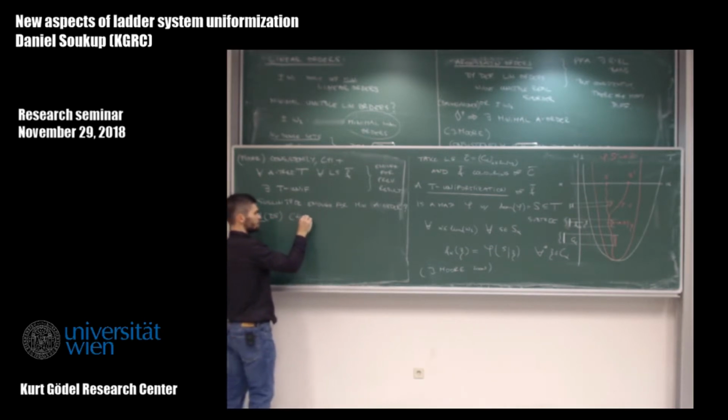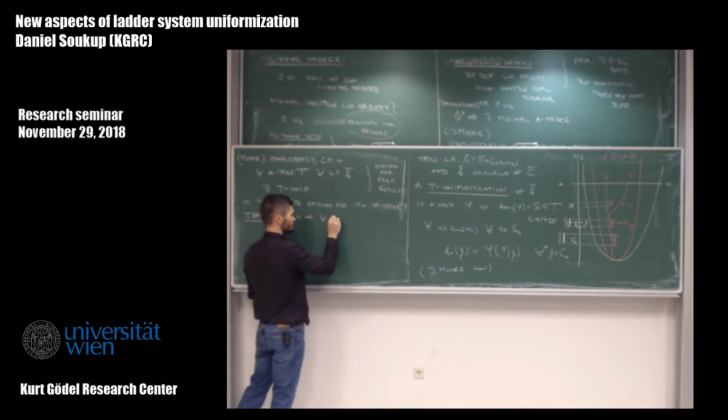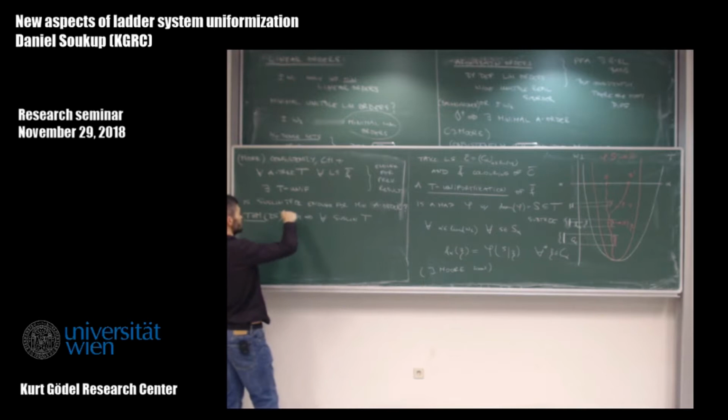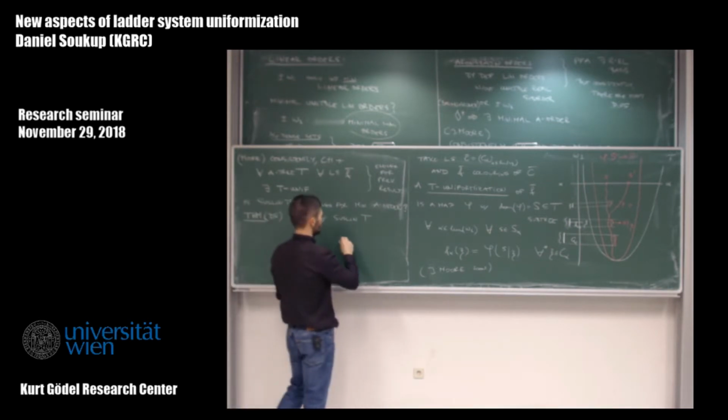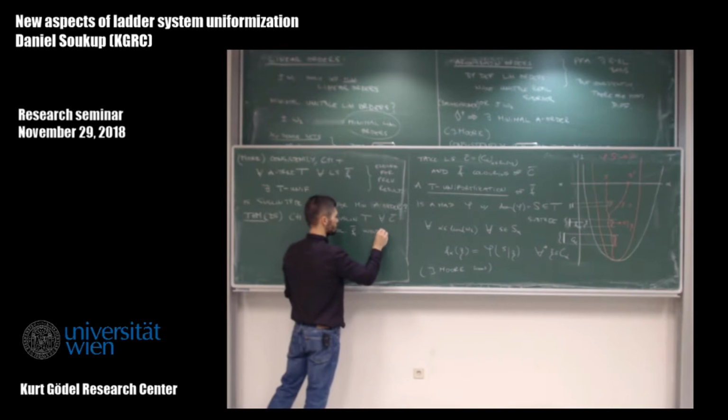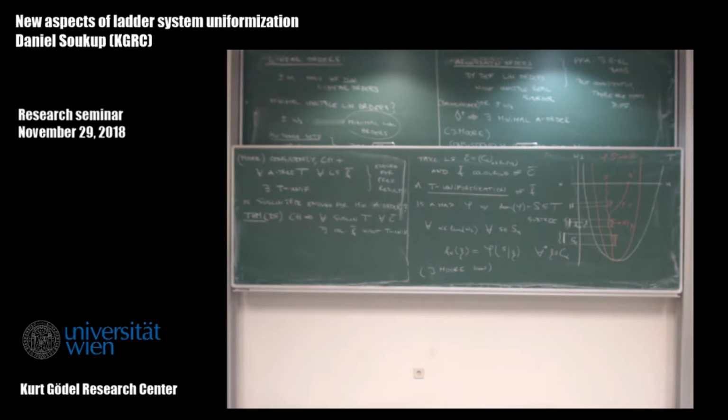If CH holds, then for any Suslin tree, there is a ladder system coloring without uniformization. Actually, for any Suslin tree T and for any ladder system, there is a coloring F without T-uniformization. In fact, Justin's model doesn't have any Suslin trees. So accidentally, on the way, he is killing all the Suslin trees.